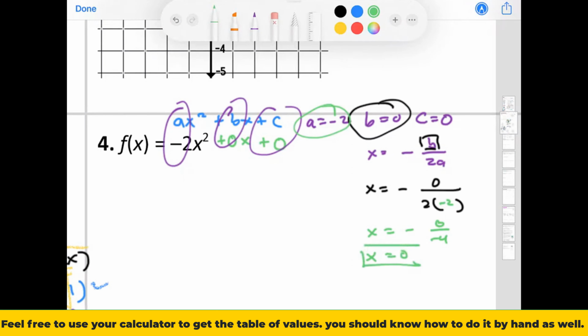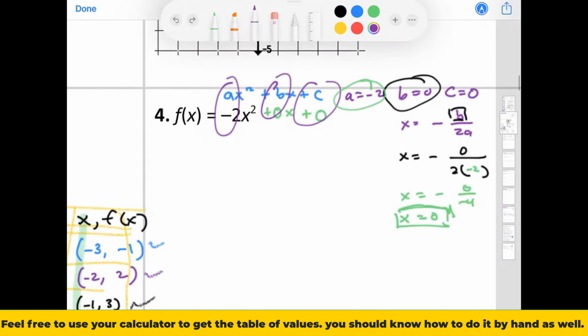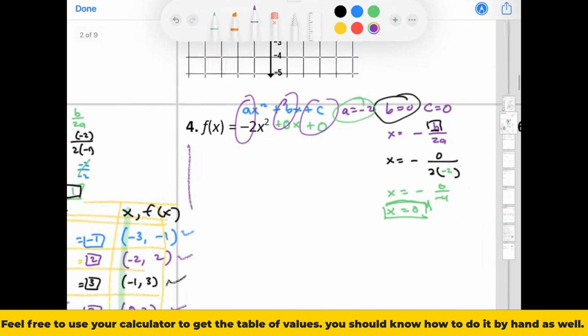Whoa, that was cool. Sorry. Oh, cool. Wait, let's see. Oh, it makes straight lines. Sorry. Okay. Let's make a table of values.